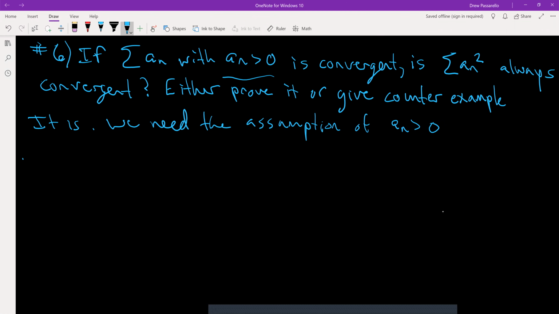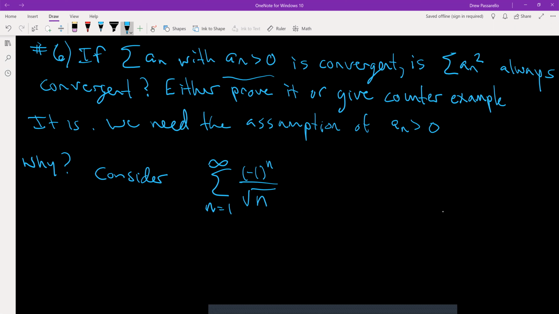So why? Let's consider the alternating series, the sum of -1 to the n over the square root of n, n equals 1 to infinity.